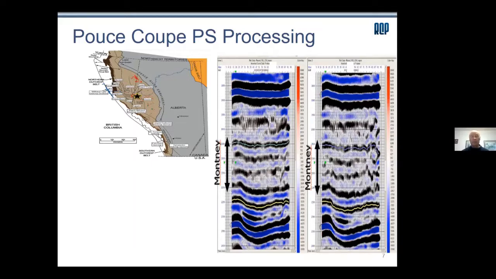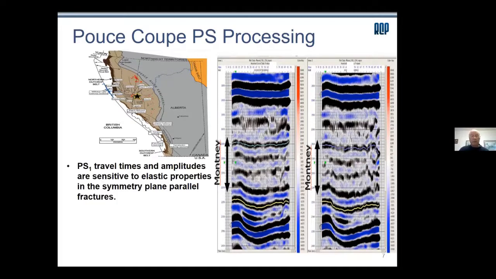And we observed that in this case, there was splitting because there was a time variance between the S1 and the S2 shear waves. So you can introduce shear waves even with compressional wave seismic data at offsets to the normal incidence. And these travel times and amplitudes are very sensitive to the properties of the reservoir, since this is a naturally fractured reservoir, but we're on top of that hydraulically fracturing the reservoir.